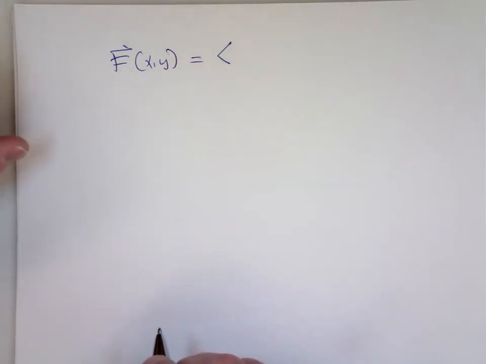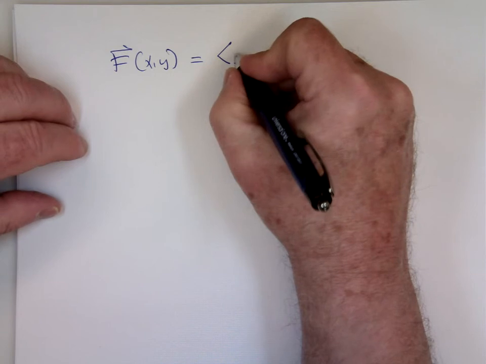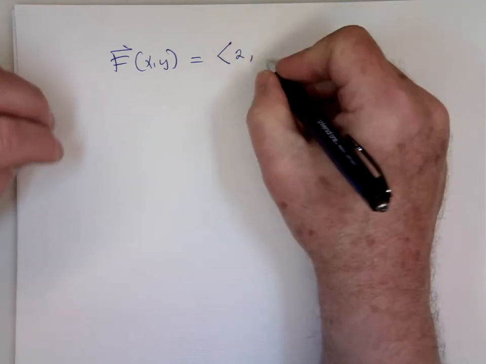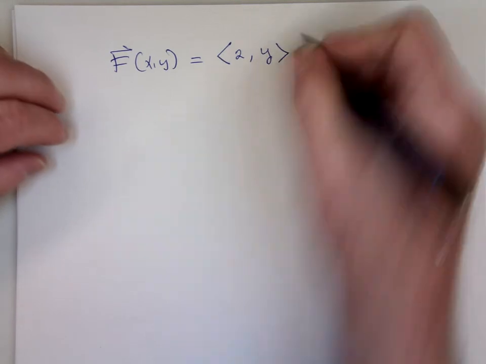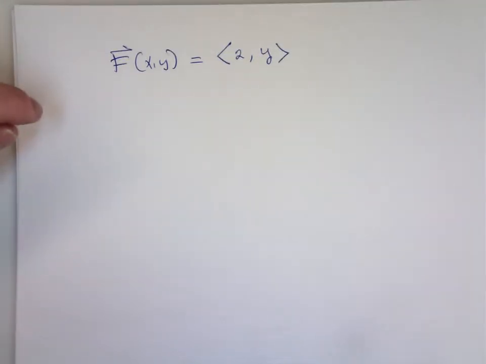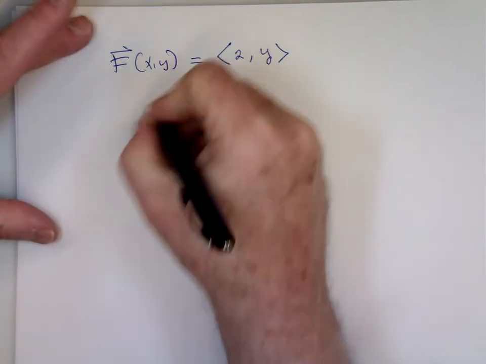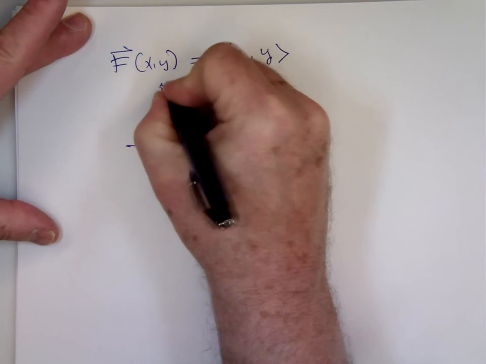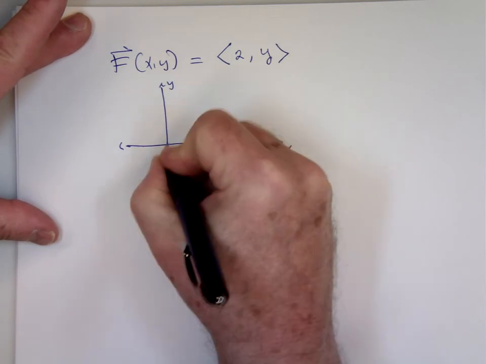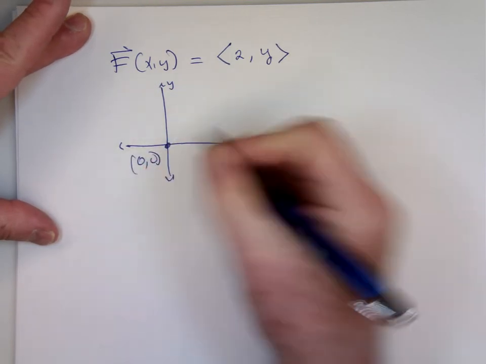How about 2y? There's a conservative field. I want you to find the work going from, let's start at 0, 0, and let's go to 10, 1.